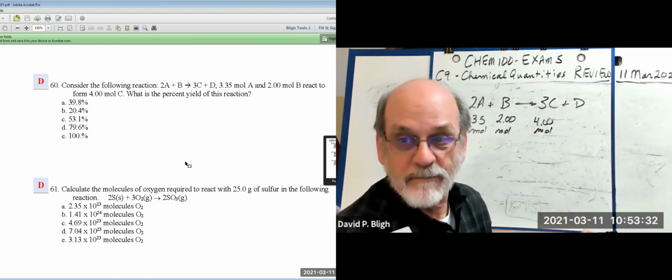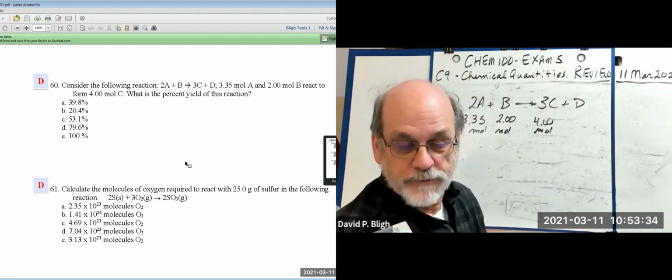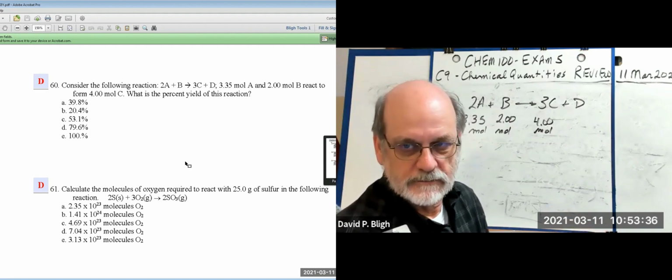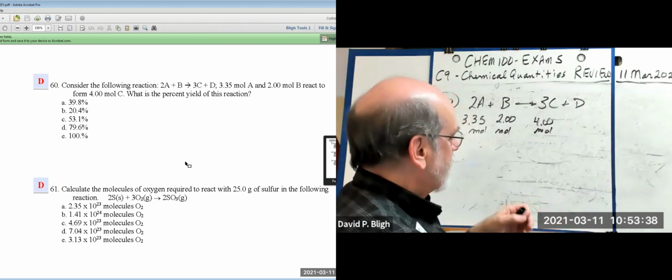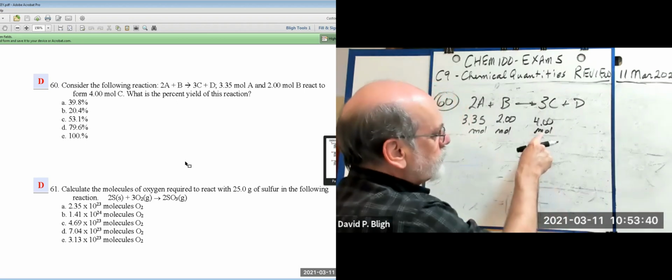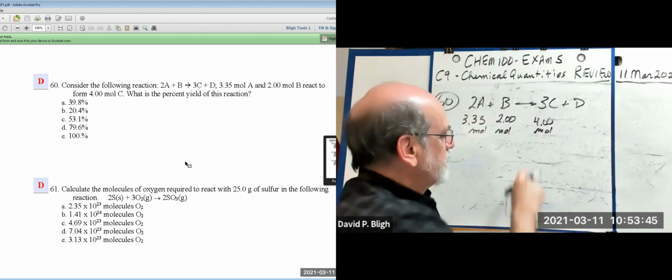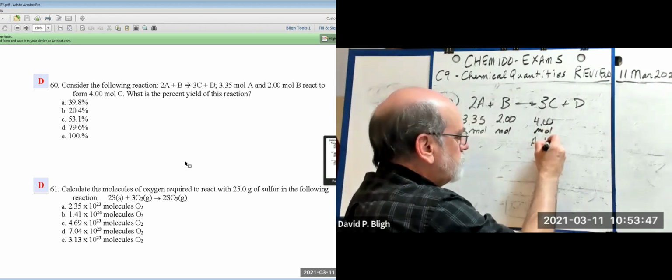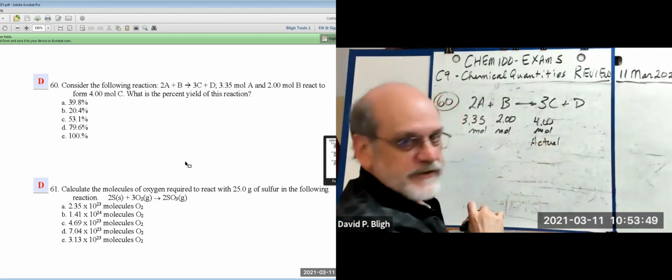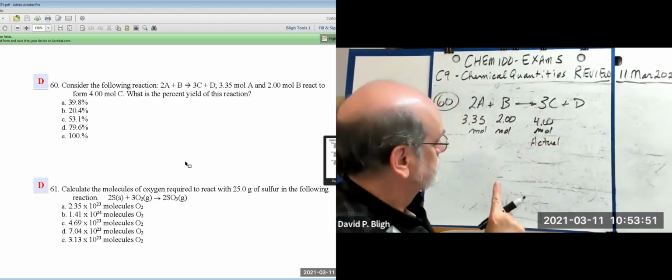In this case, we don't have mass. So we're forced to use moles. So we just have to find out how many moles of C would we expect to obtain. This is the actual. What's the theoretical? That's the question.